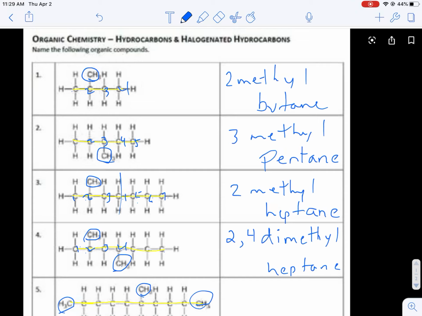Now, how could this be an ethyl? Well, this would only be an ethyl if you had a situation, I'm going to erase this word right here just so that I have a spot to draw this in, just to show you the difference between a methyl and an ethyl. If you had your 7-carbon chain, 1, 2, 3, 4, 5, 6, 7, this is an example of an ethyl.